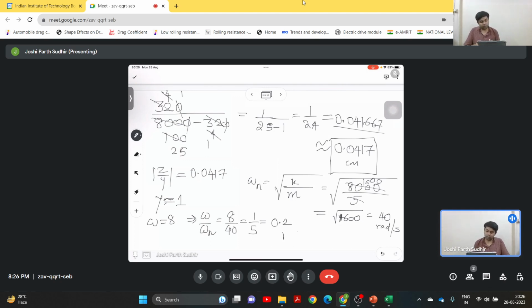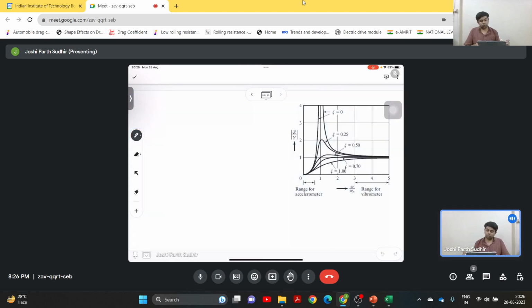So therefore R, or the frequency ratio, is 0.2, which is significantly less than 1. So we can see that it is operating somewhere in this range between 0 to 1. So this is the range for the accelerometer. Here Z by Y is less than 1 for R much less than 1.